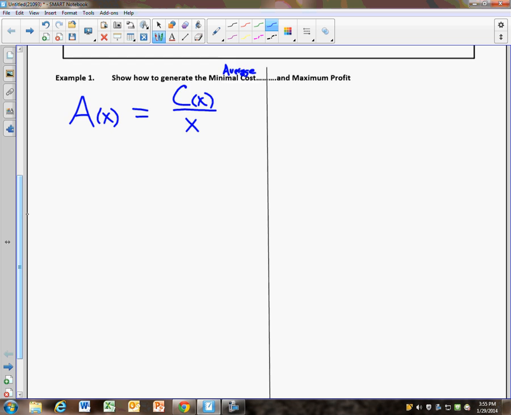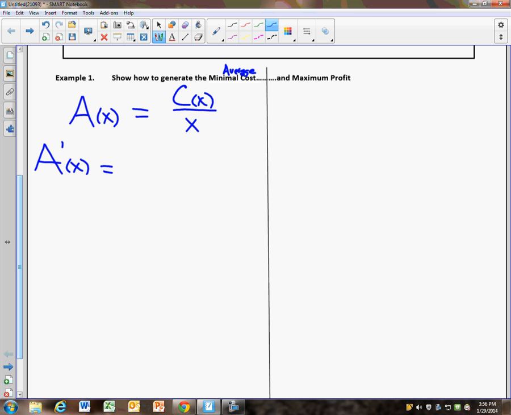So what we need to do is take the derivative of both sides. Derivative of A of x is A prime of x equals. And when you take the derivative of C of x over x, you need to use the quotient rule.